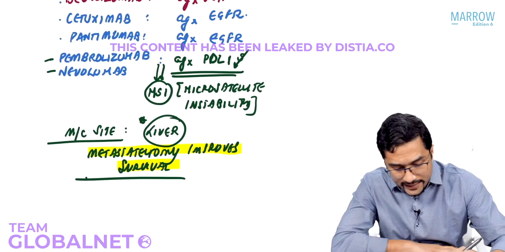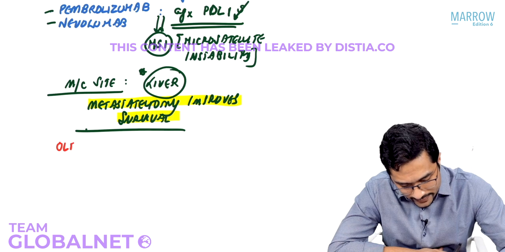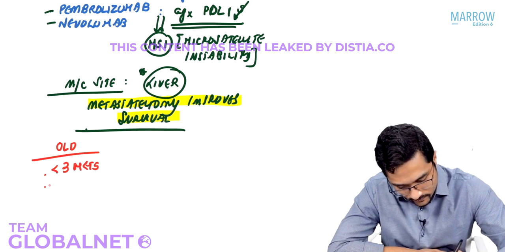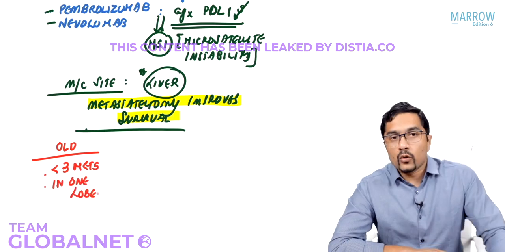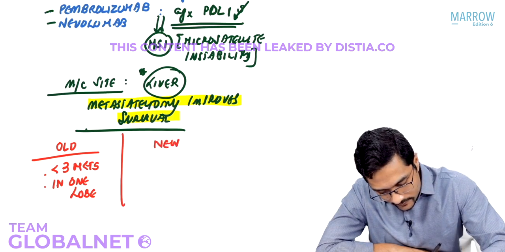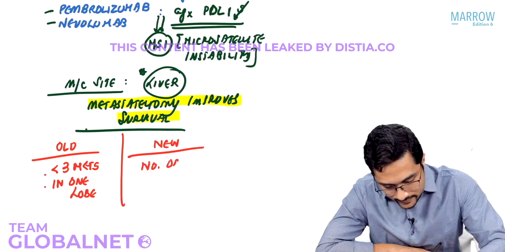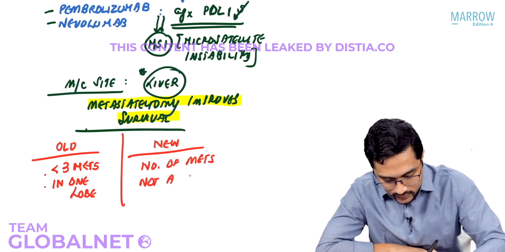Now, what are the indications for resecting this liver metastasis? So the old guidelines were less than 3 mets in one lobe, you could resect it. But the new guidelines are that number of mets is not a criteria.